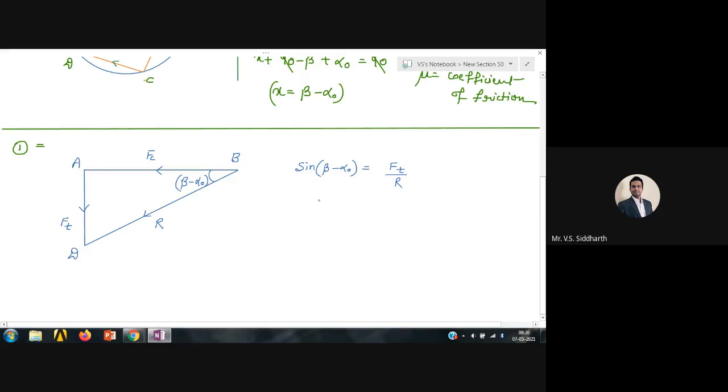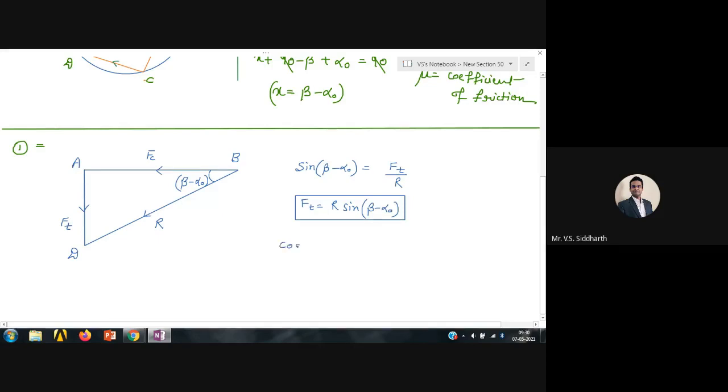So Ft will be R sine beta minus alpha naught. Similarly, if I want to write Fc in terms of R, which trigonometric ratio could I use?